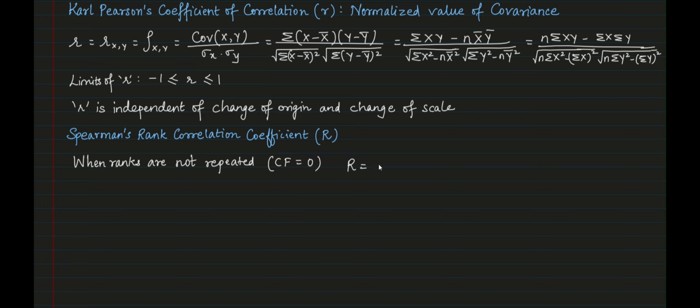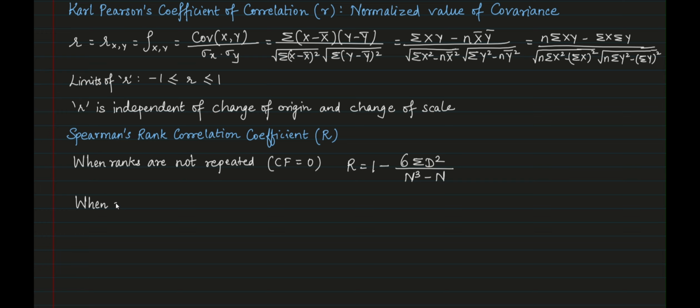Hence, capital R will be equal to 1 minus 6 times summation d square upon n cubed minus n, where d is the difference between the ranks.